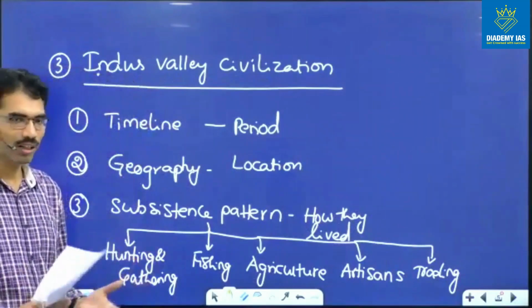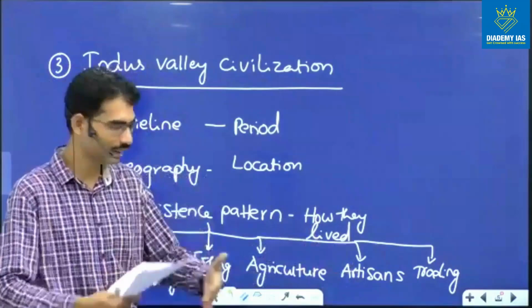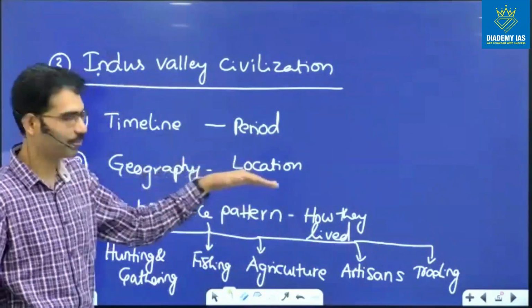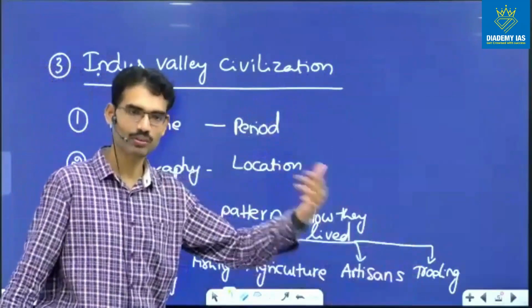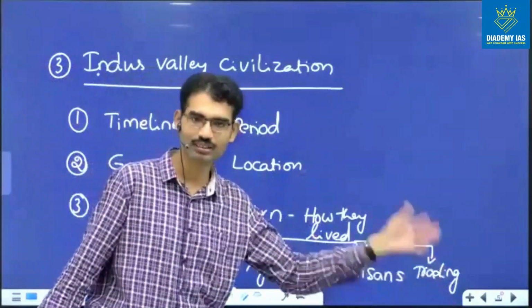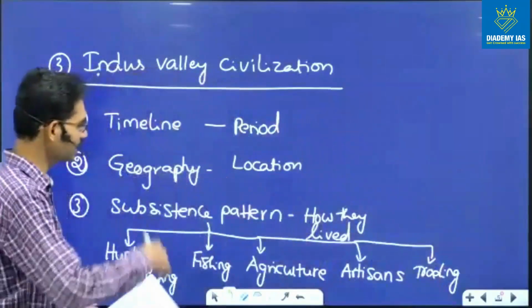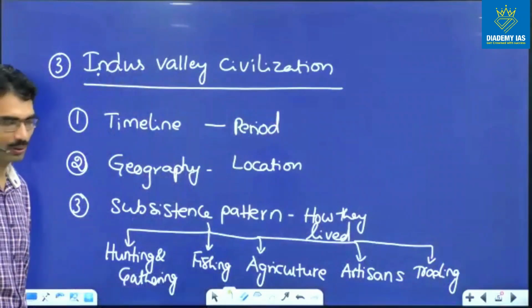When the population is small, all these activities take place in a small location. But when the geographic spread increased, they became more and more professional. Today we see agriculture a separate profession, industry separate, and services separate. Because this is the evolution of the geographical spread and also the number of population.